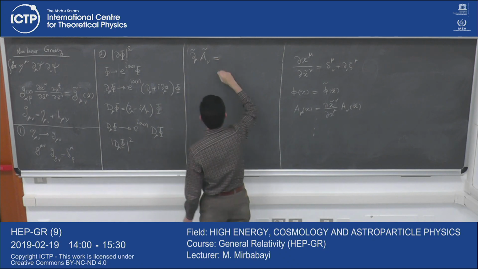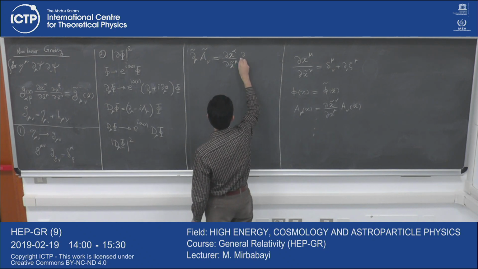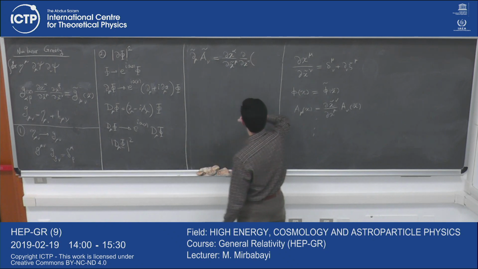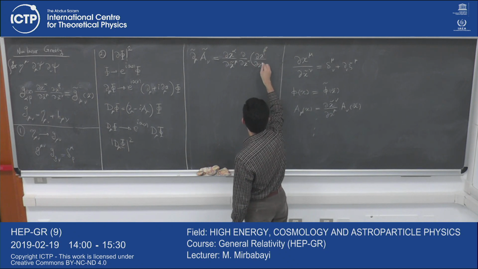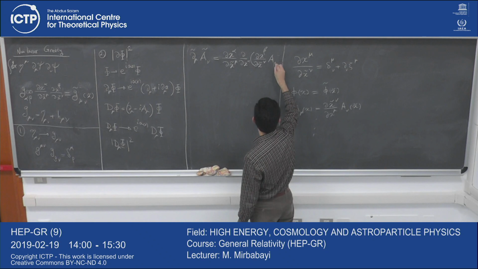Now this is equal to dx alpha over dx tilde mu, d by dx alpha, times dx beta over dx tilde nu, A of beta.